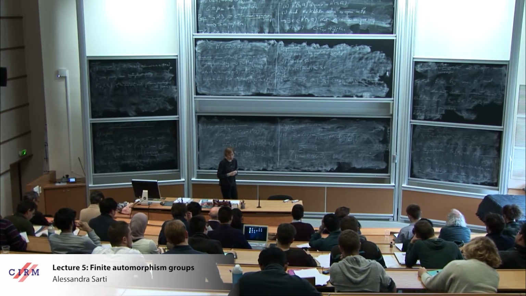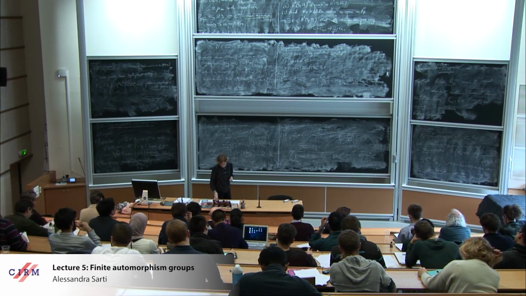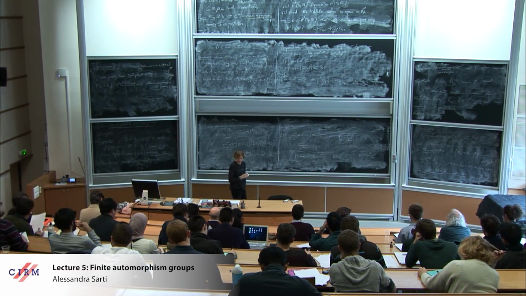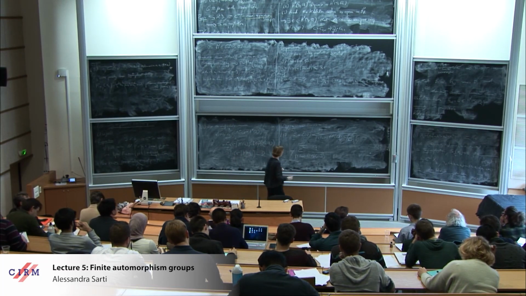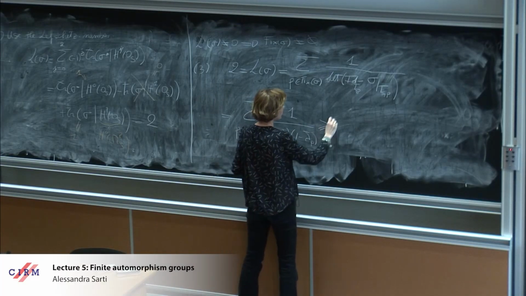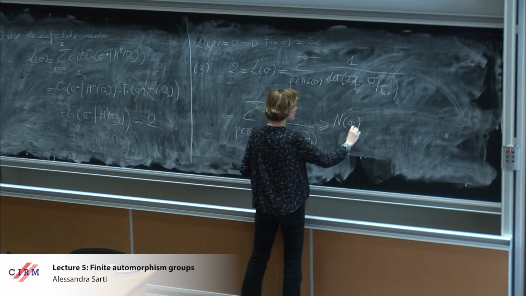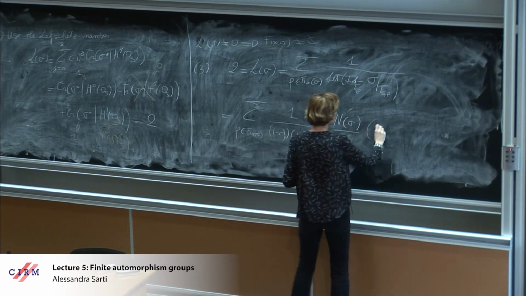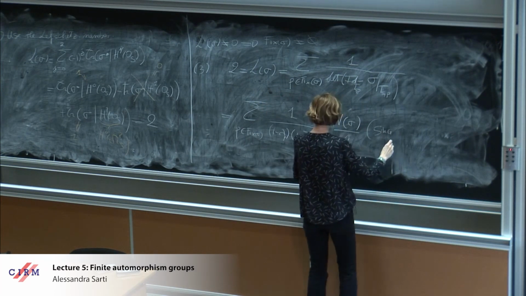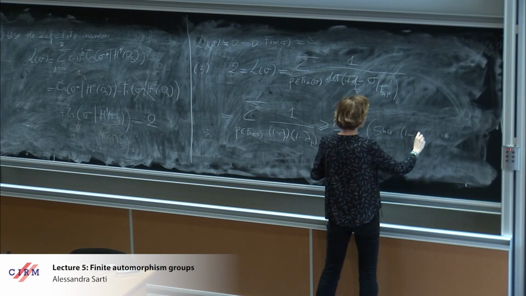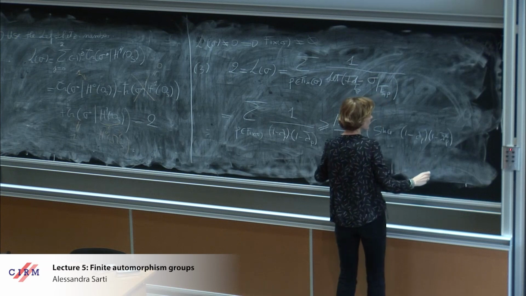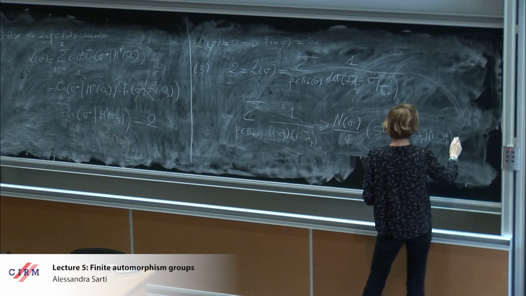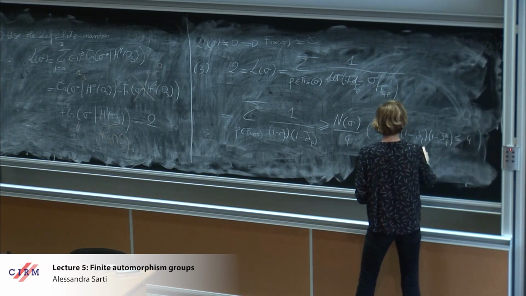And one can easily see that this is bigger or equal than the number of fixed points divided by 4, since the modulus of 1 minus lambda bar P is less or equal than 4.